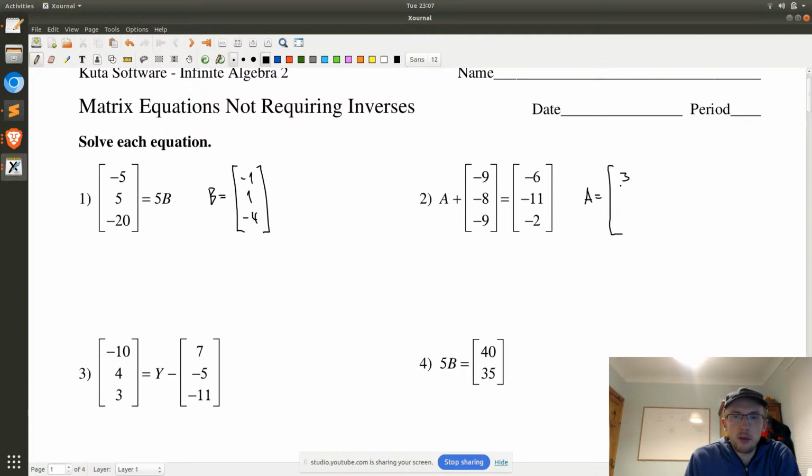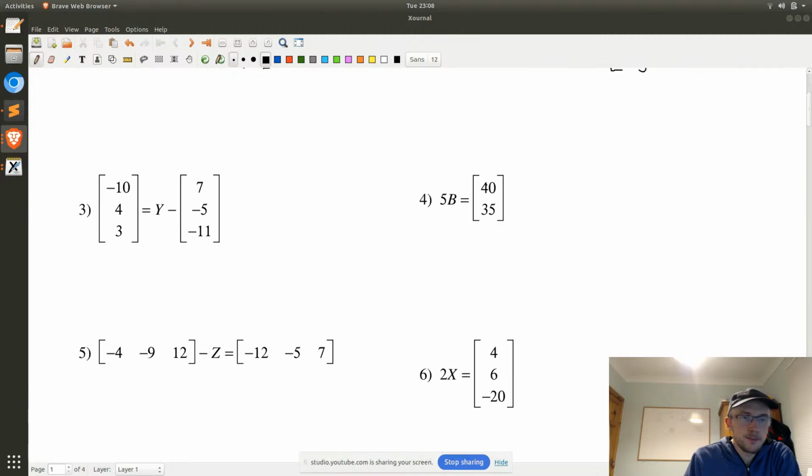And the answer is 3. And the answer here is -3, and the answer here is 7. Check them. Okay, we're in agreement so far.